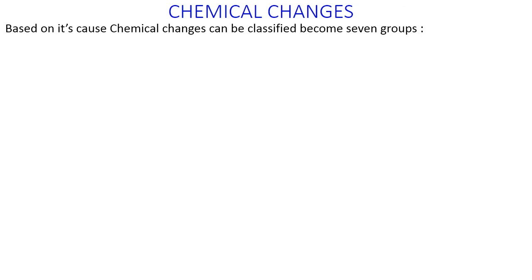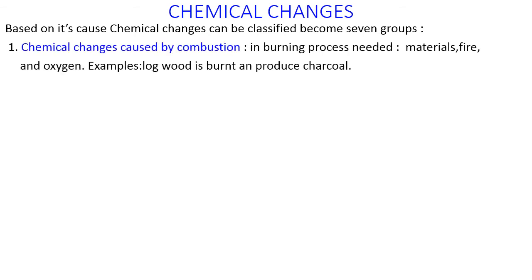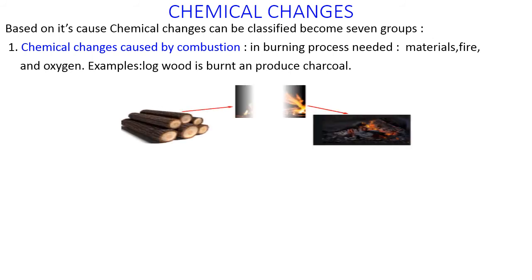Based on its cause, chemical changes can be classified become 7 groups. First group is chemical changes caused by combustion. In burning process needed materials, fire, and oxygen. Example: logwood is burned and produce charcoal.